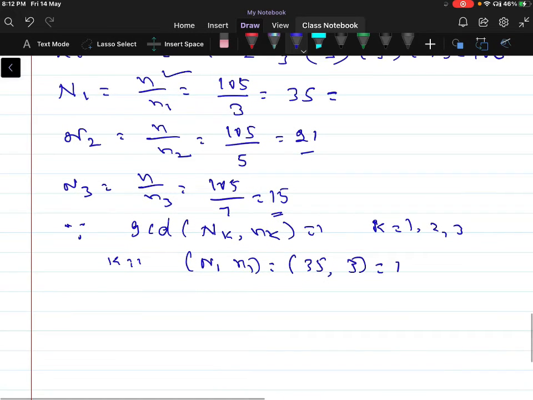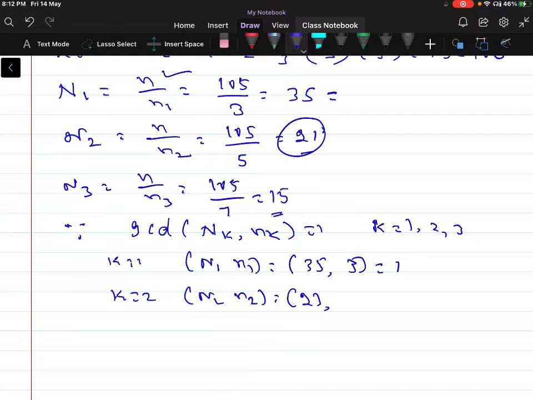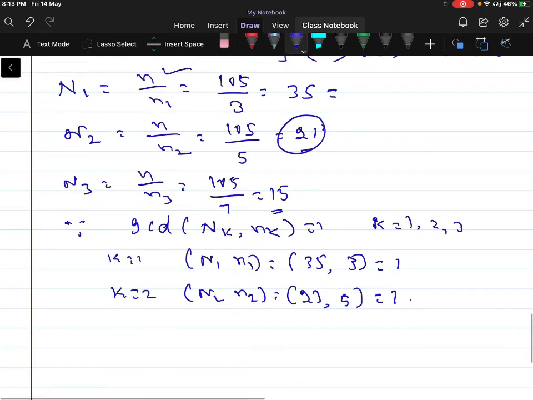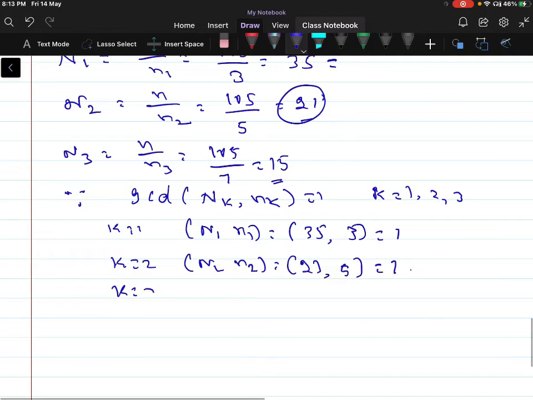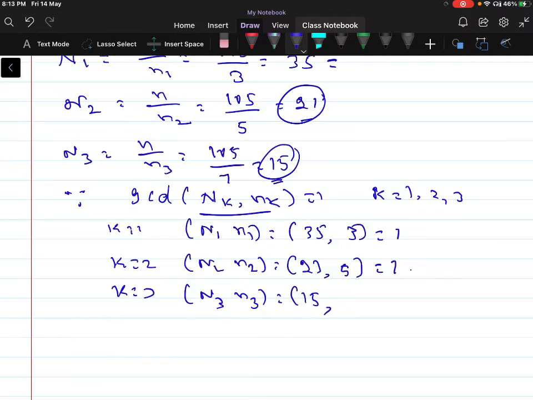Similarly for k is equal to 2, GCD of N2 comma small n2, that is 21 comma 5, is 1 again. For k is equal to 3, GCD of N3 comma small n3, that is 15 comma 7, again is 1. So GCD of Nk comma small nk is 1.